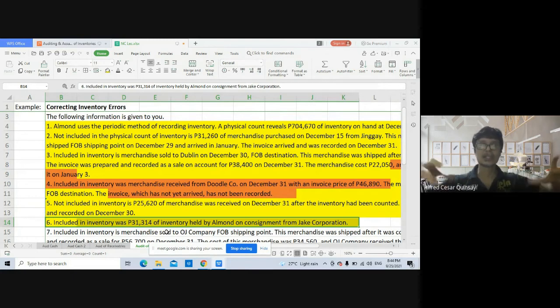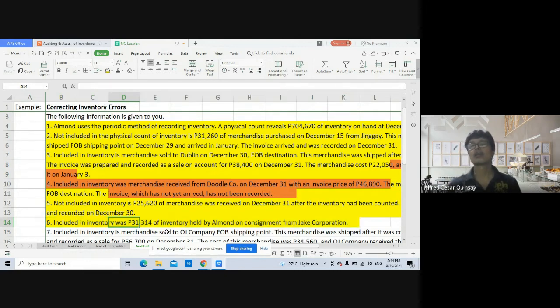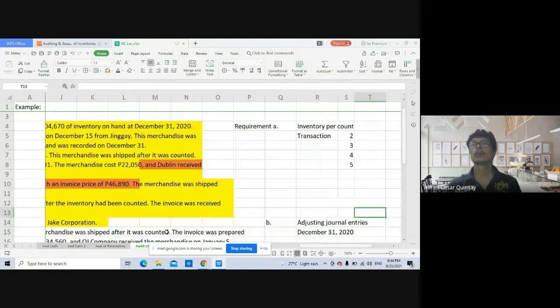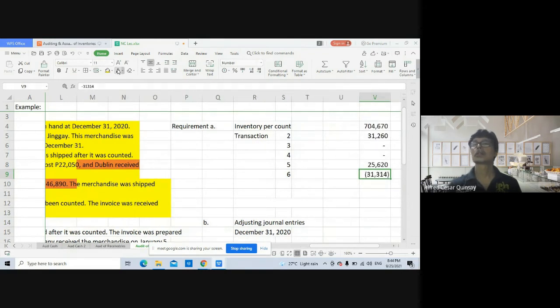Okay, so we're just the custodian of such goods. Okay, therefore it is not our inventory. Okay, so we're going to take that out of our inventory because Jake is the rightful owner. And so lalagay natin dito, and number 6 is 31,314. So the parenthesis signifies a deduction from our inventory.